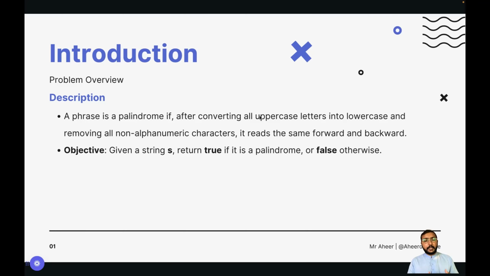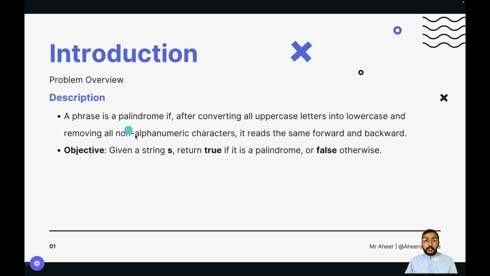We have a phrase, and we can convert all the uppercase letters into lowercase letters. So keep in mind, this is one case: we need to convert all the uppercase into lowercase, and remove all the non-alphanumeric characters, so that it reads the same forward and backward.